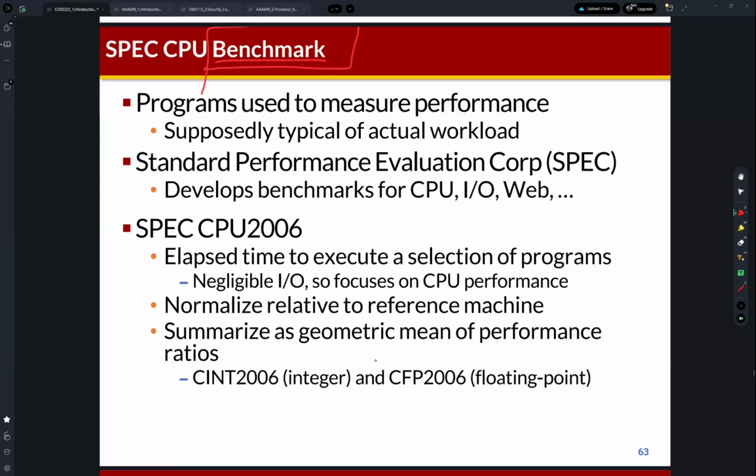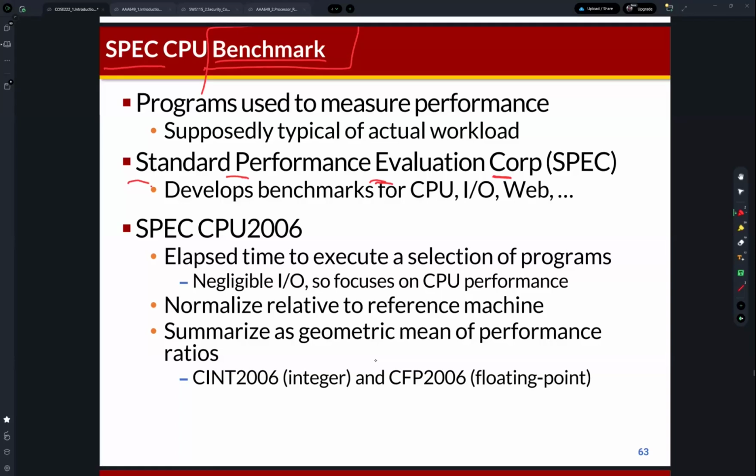Then actually, for the CPU benchmarks, we frequently use SPEC benchmark. Okay, so SPEC means the Standard Performance Evaluation Corporation. Okay, it's SPEC.